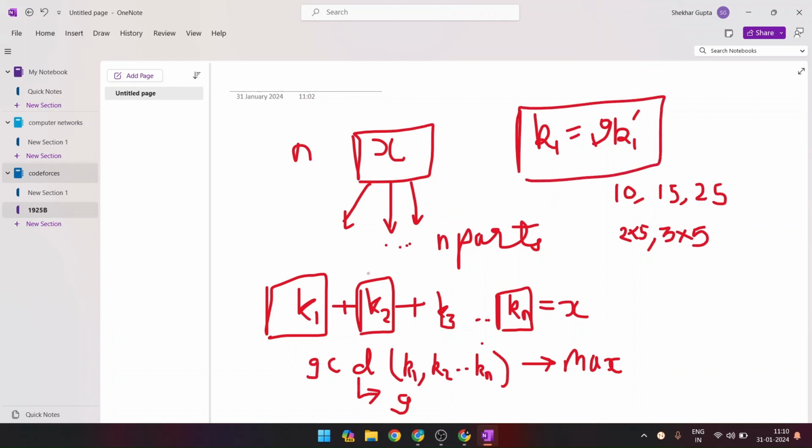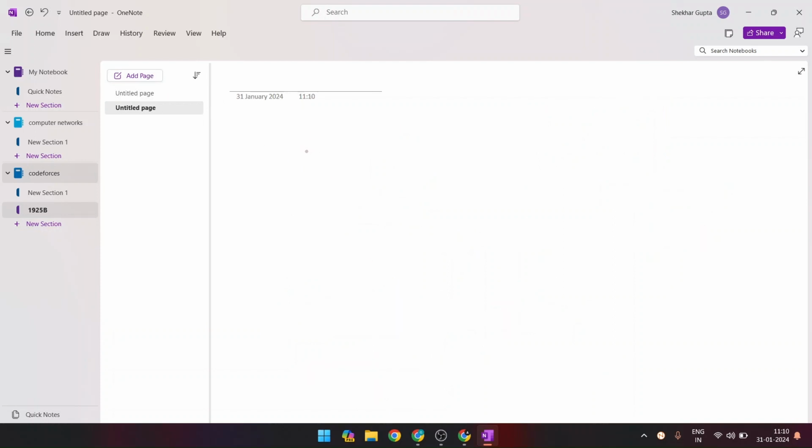In a similar way, I can write k2 as g into k2 dash. K2 dash is also an integer. Okay, so I can write the equation as g into k1 dash plus g into k2 dash up to g into kn dash, which is equal to x.